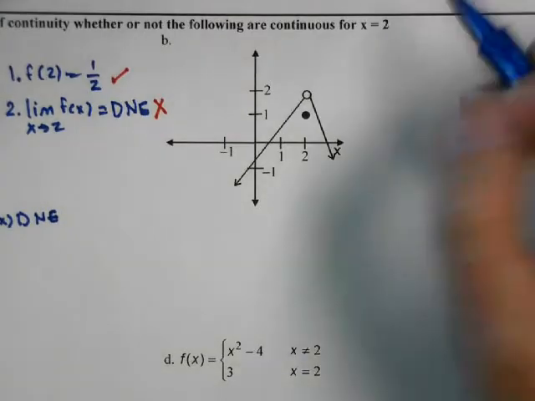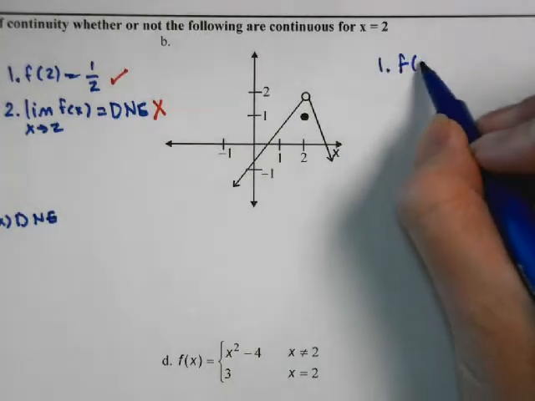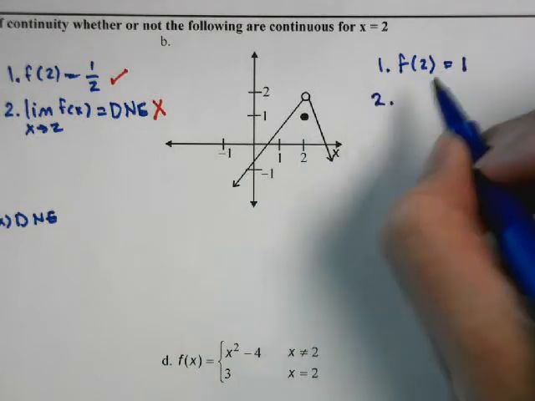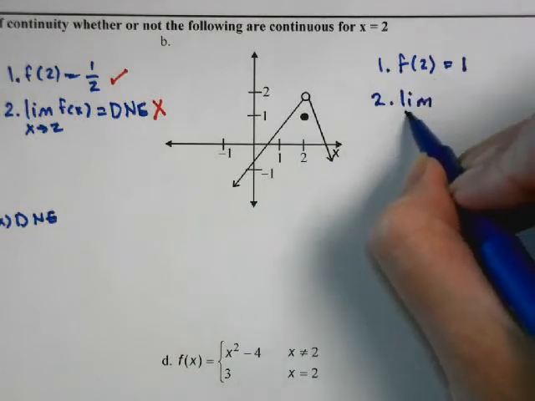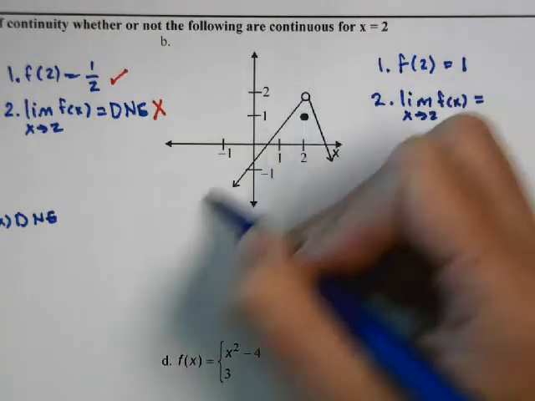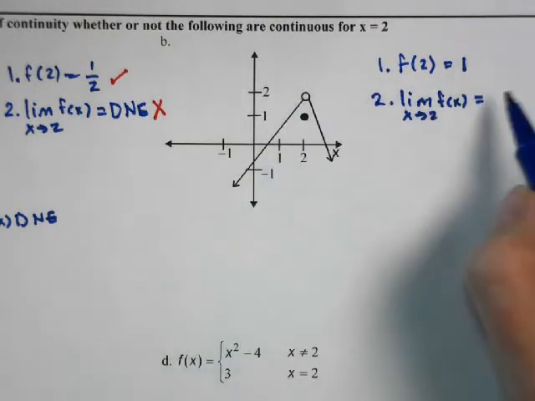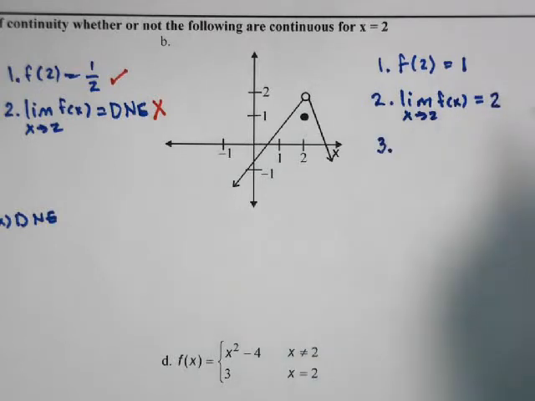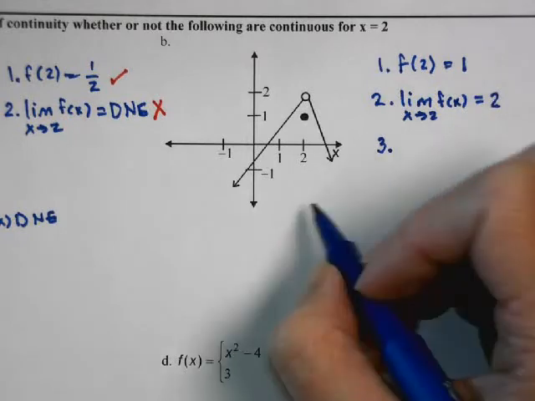Our next one here, does it have a function value at 2? It does. Does it have a limit value at 2? It does. It's going to the same thing from both the left and the right. So the limit is 2. However, those are not the same.